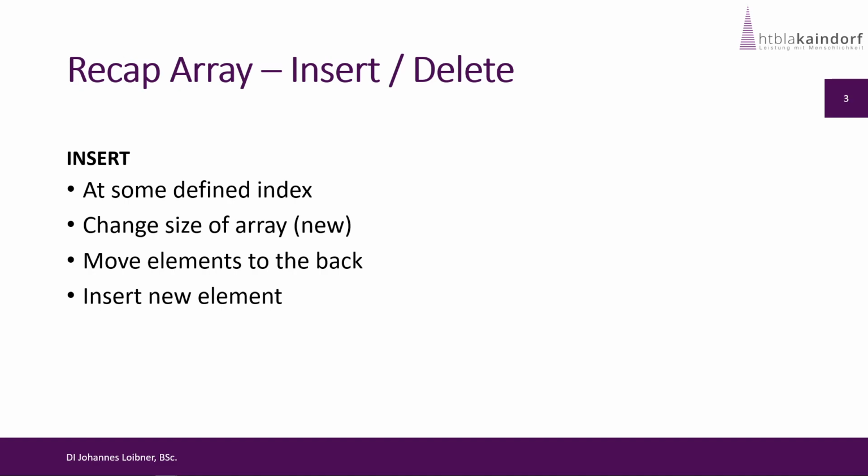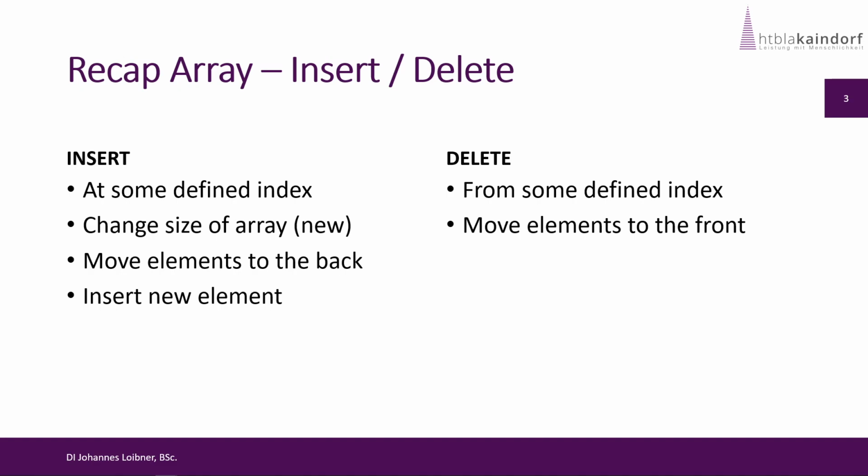So let's see how the deletion works. So once again, we want to delete some element at a defined index. So what we do is we move all the elements to the front because we cannot produce a gap or an empty element somehow. That's not possible. So move all elements to the front. And if it's needed, we even have to decrease the size of the array, which means once again, creating a new array, which is a little bit smaller.